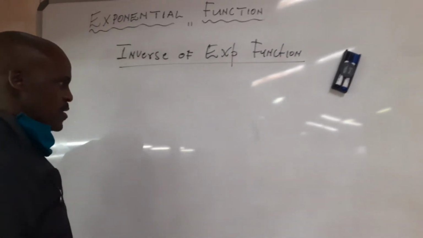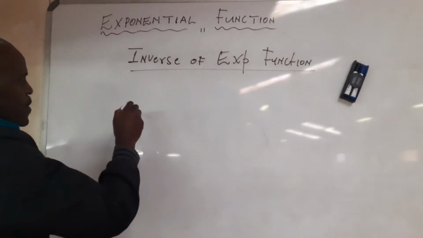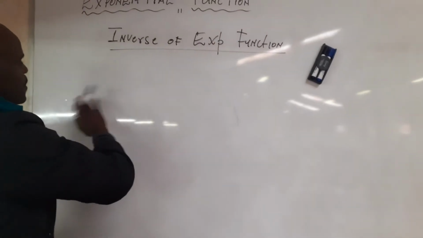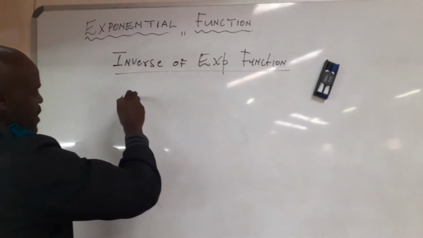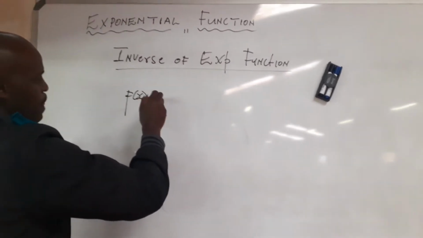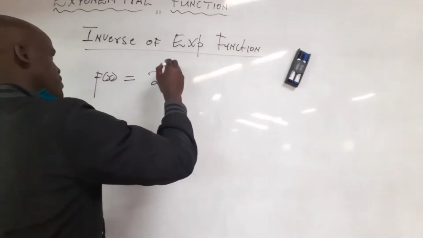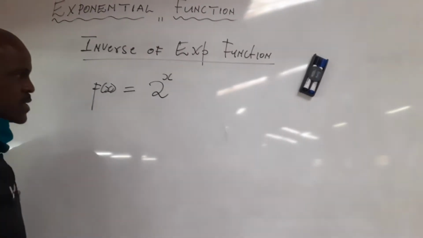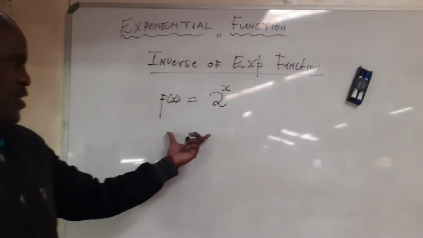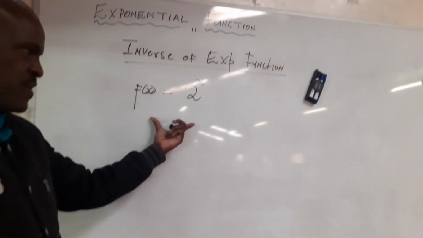Let's say we are having f at x is equal to 2 exponent x. And we are to find the inverse of this function.